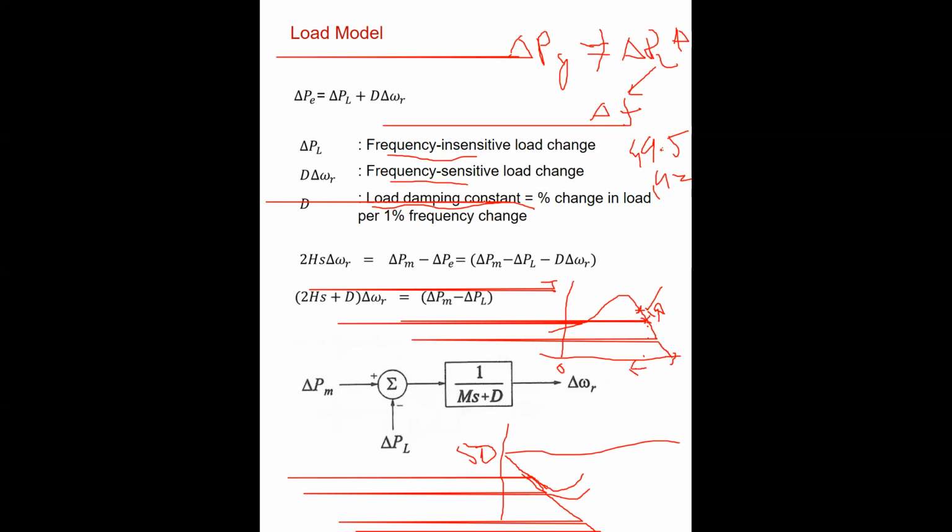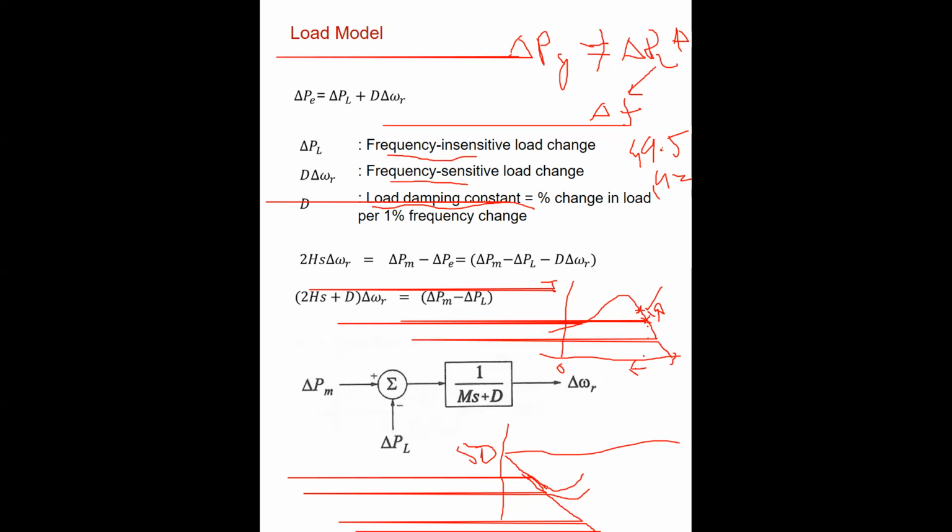So in a microgrid, a change in the load affects the frequency deviation much more. If you consider a conventional power system which is interconnected, then the change in the load affecting the frequency is much less severe.